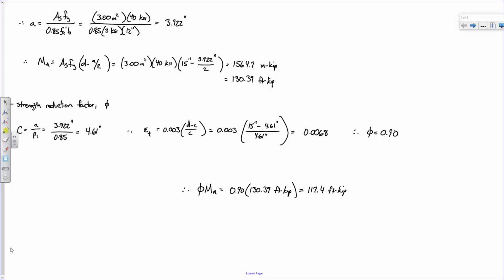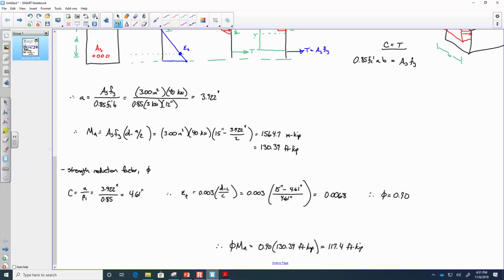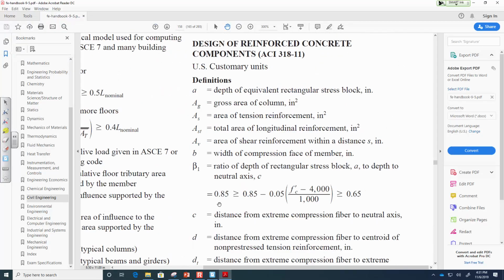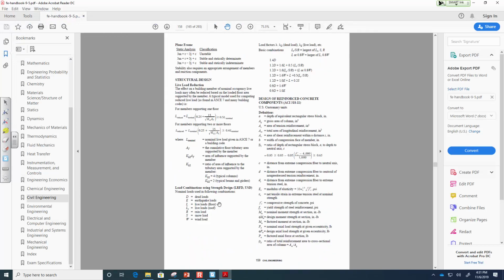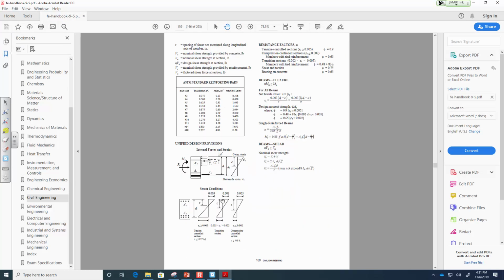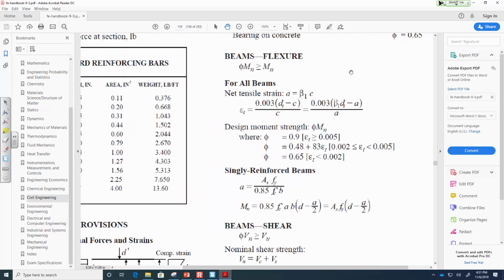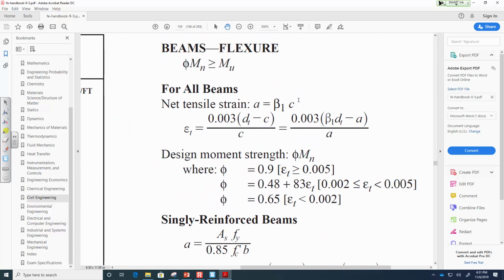Yes? In the manual, for the equation in that chapter, they have d sub t minus c. Is that just the difference from what we call our d? Oh, that's a good question. The difference with d sub t is if you have multiple layers of steel, whether you go to the center or to the very bottom.